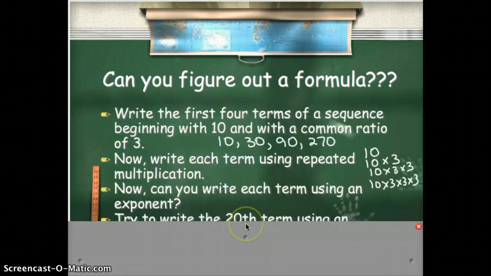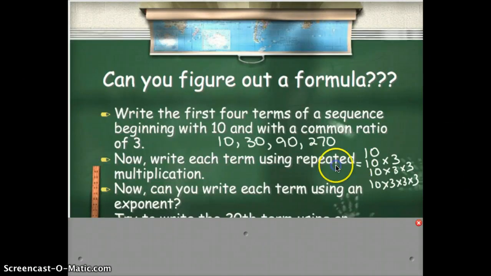And if I wrote those using an exponent, I'm not going to use an exponent for my 10, I'm going to use an exponent for my 3. So I start out with 10, and then the second one is 10 times 3 to the first, and then it's 10 times 3 squared. And then I'll write underneath: that's 10 times 3 to the third.